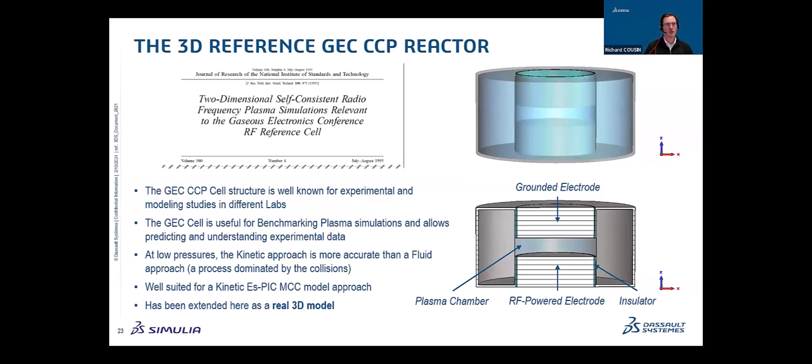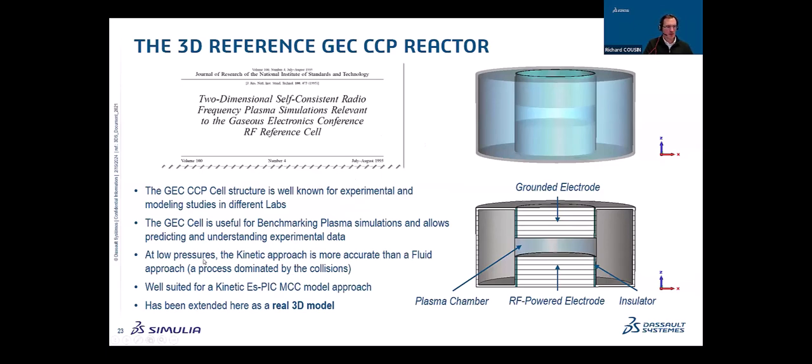In this paper you have two-dimensional self-consistent RF plasma simulations performed in 2D in 1995. This is a well-known plasma reactor, so that's good because we can benchmark and reuse this model for our own purposes.